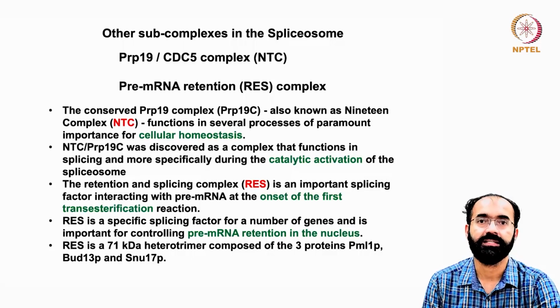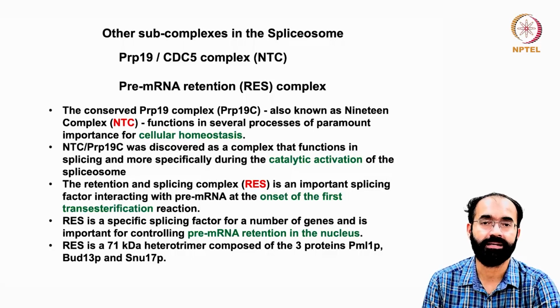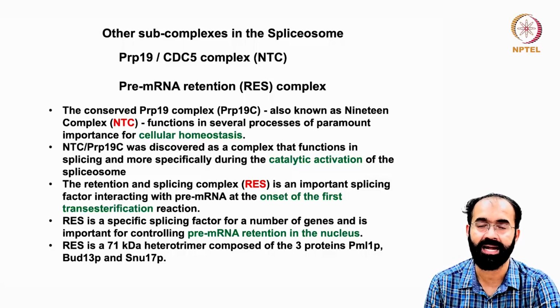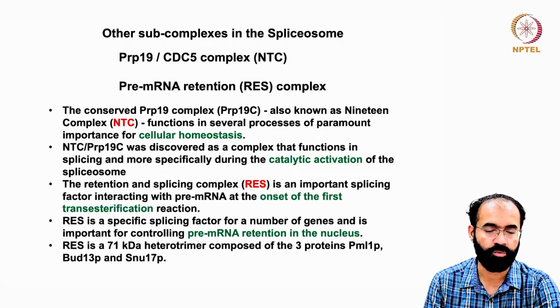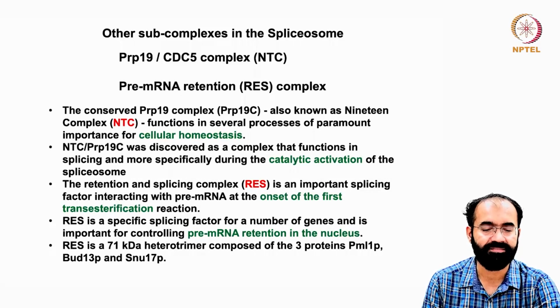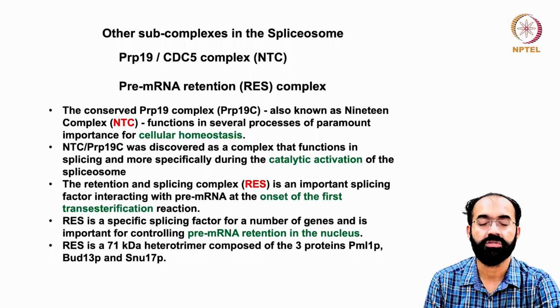So it retains the incomplete or intermediate or half complete RNA, pre-mRNAs are retained until it is ready for export to the cytoplasm. So RES is a 71 kilodalton heterotrimer composed of 3 proteins, and they are PML1P, BUD13P and SNU17P.